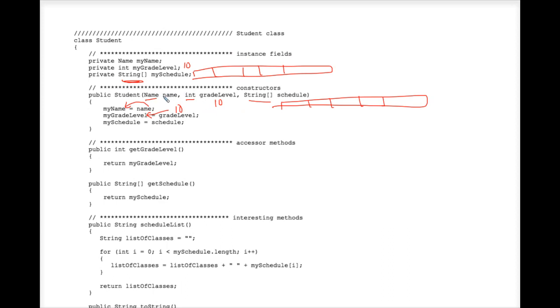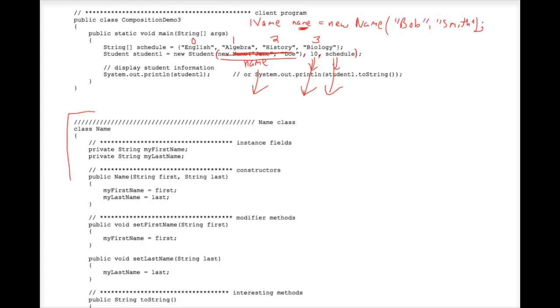But this time we're not passing an actual parameter called name. What we're doing is we are instantiating on the fly what's called an anonymous object, because this is an object right here. We are instantiating an object right here on the fly. We're not giving it a name like name. We're just saying new name Jane Doe.